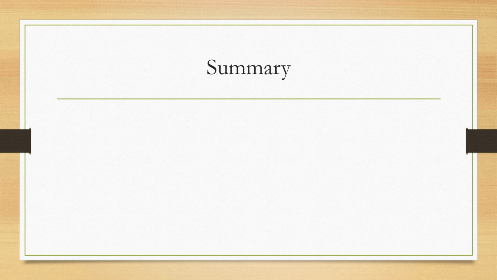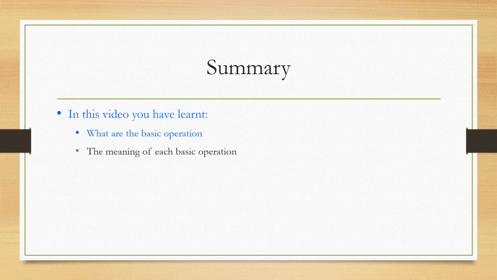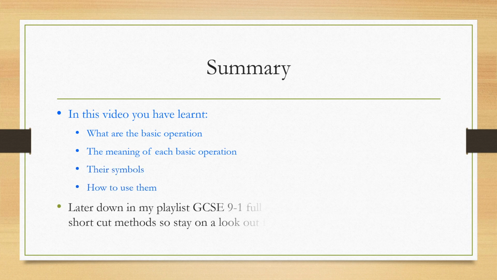So in summary, in this video you have learned what the basic operations are, the meaning of each basic operation, their symbols, and how to use them. Later down in my playlist, GCSE 91 full course content, I will show some shortcut methods, so stay on the lookout for them. As a leaving note, in this video I showed you these 4 methods.